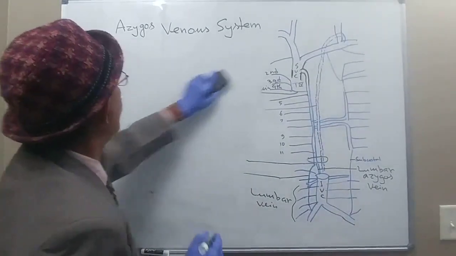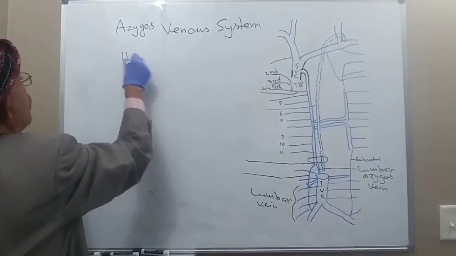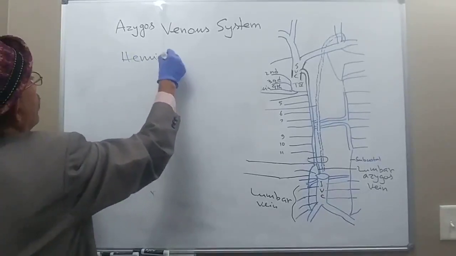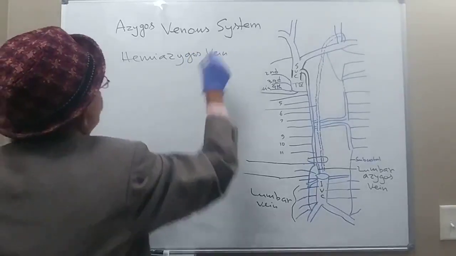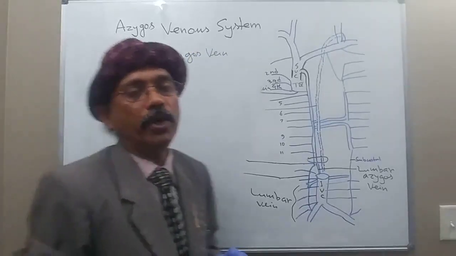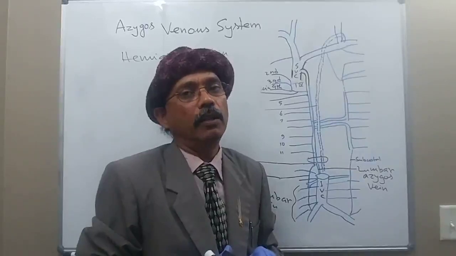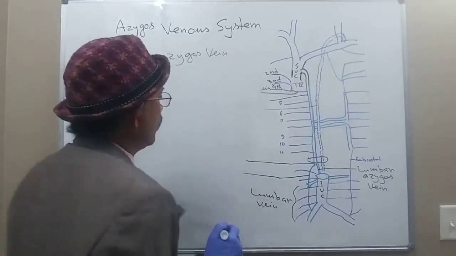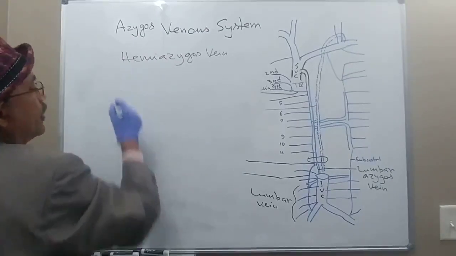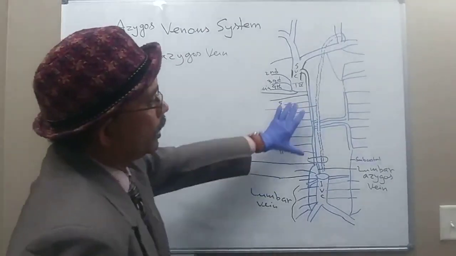Now I'll go to the hemiazygos vein. How is it formed? It is formed by the union of the left subcostal vein and left ascending lumbar vein. On the right side, we got the azygos vein.